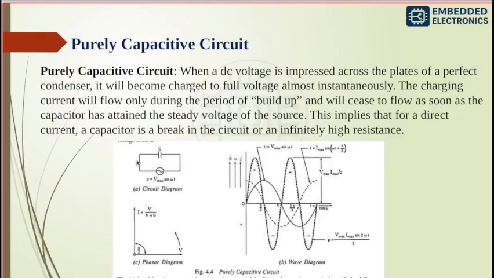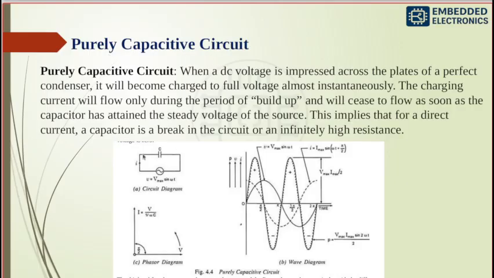The charging current will flow only during the period of build-up, and it will cease to flow as soon as the capacitor has attained the steady voltage of the source. So this implies a capacitor is a break in the circuit, or infinitely high resistance. That is a purely capacitive circuit.